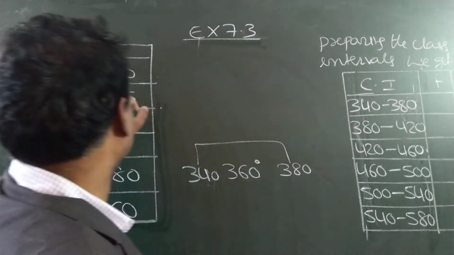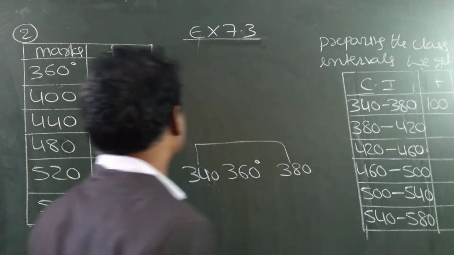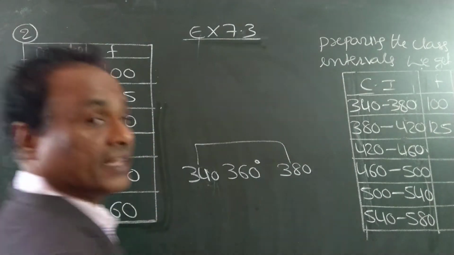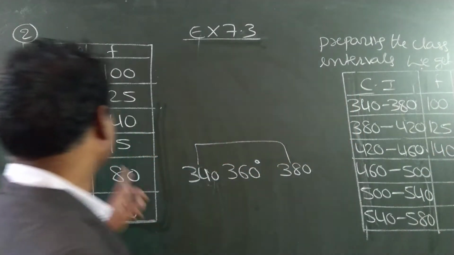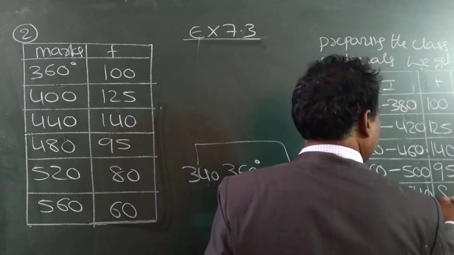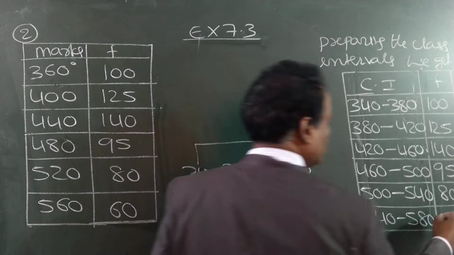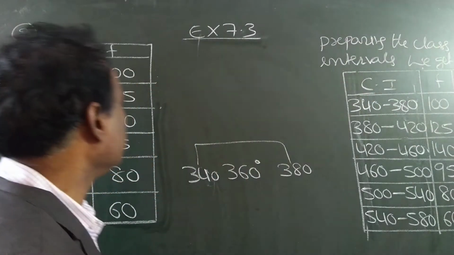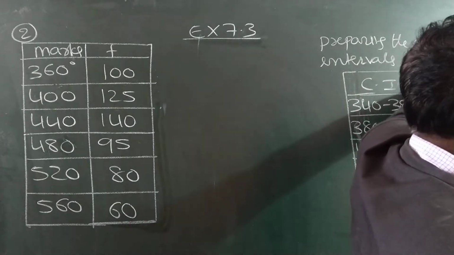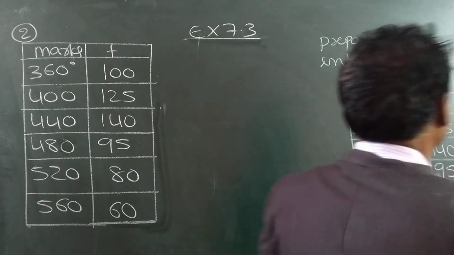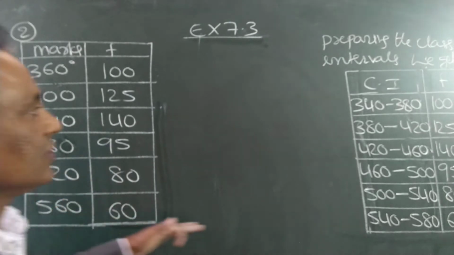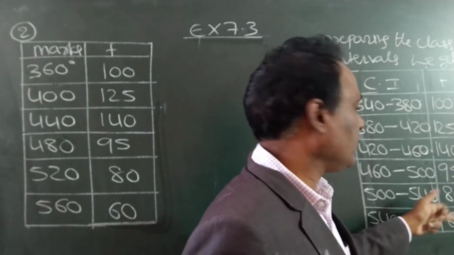That's all. So mid value is given, and I prepared the class intervals. So this is 100, this is 125, 140, 95, 80, 60.